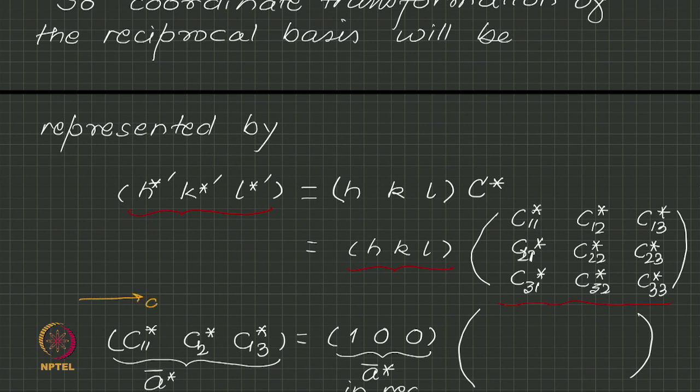You have A star, B star and C star. You also have A star prime, B star prime and C star prime.